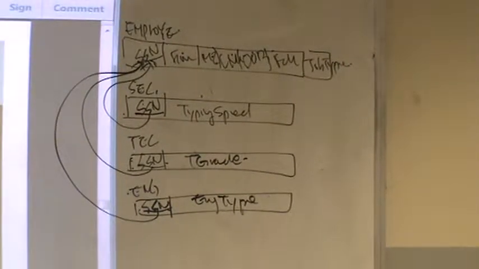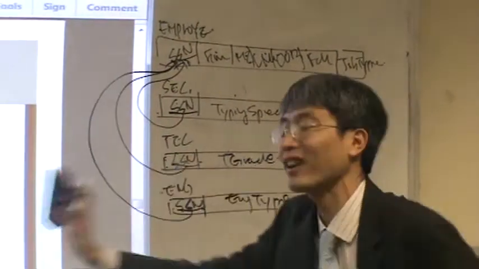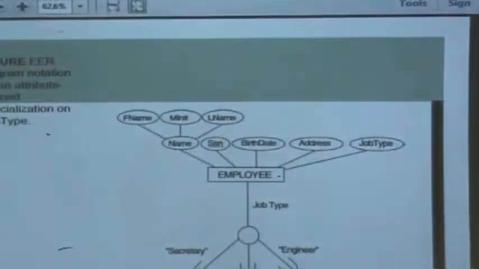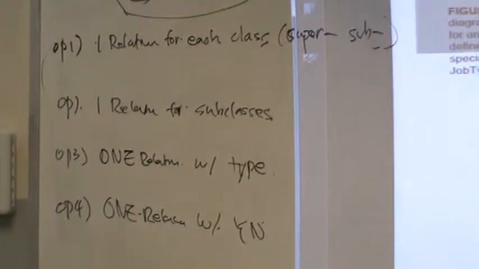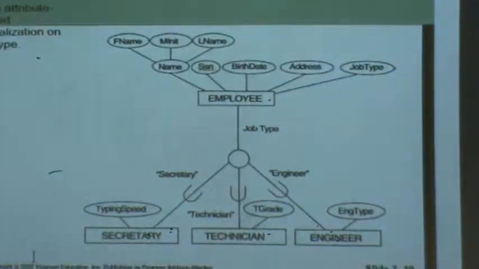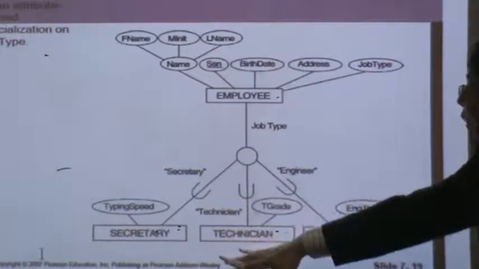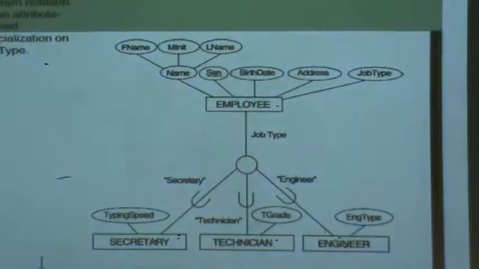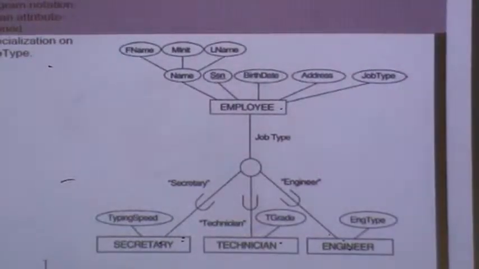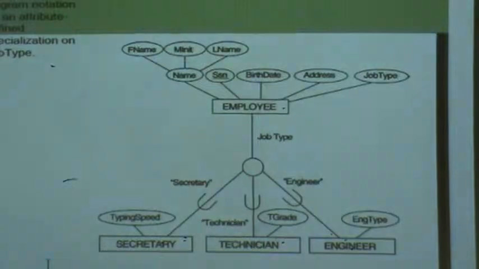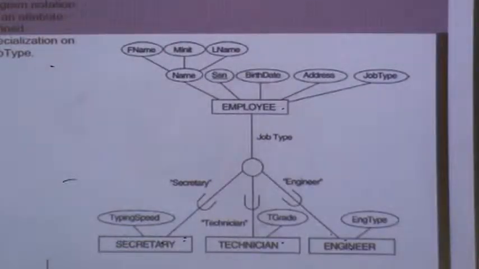What about the second option? Second option, only subclasses. So we do not have the employee. Instead, inherit all information: first name, middle name initial, last name, DOB, address, job type.